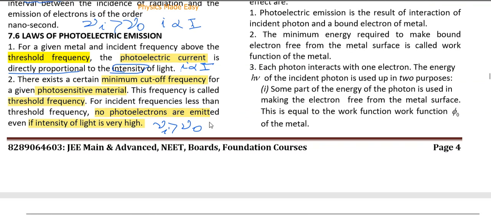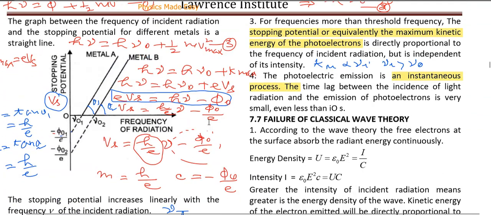In the second law of photoelectric emission, there is a minimum cutoff frequency of a photosensitive material, which may be different for different materials. And there is a graph for this. For example, this is the minimum cutoff frequency for metal A, and the stopping potential for this is 0.